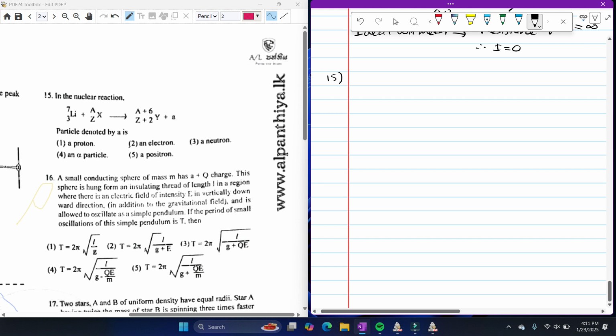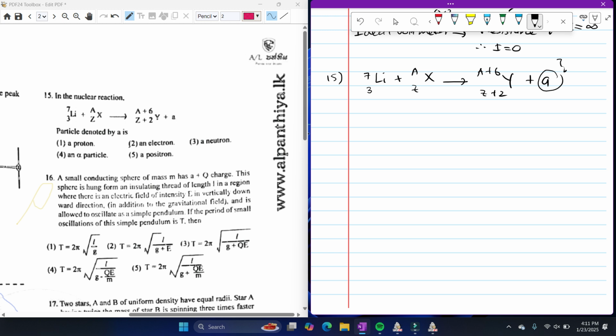Question 15: 7 3 AXZ gives A plus 6Y Z plus 2 plus A. The particle denoted by A, they are asking what this A is.